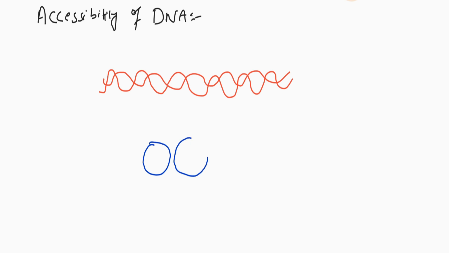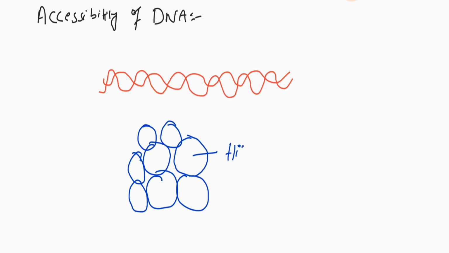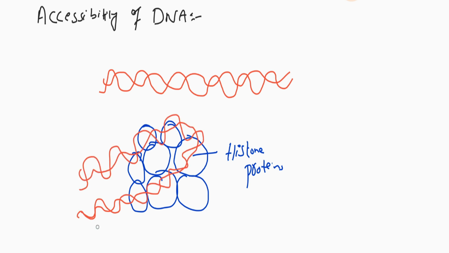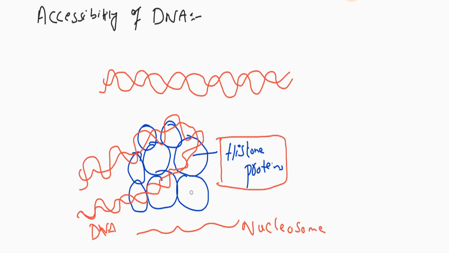These are the histone proteins, and the DNA is wrapped around the histone proteins in the nucleus. The histone proteins package their DNA into structural units which are known as nucleosomes.